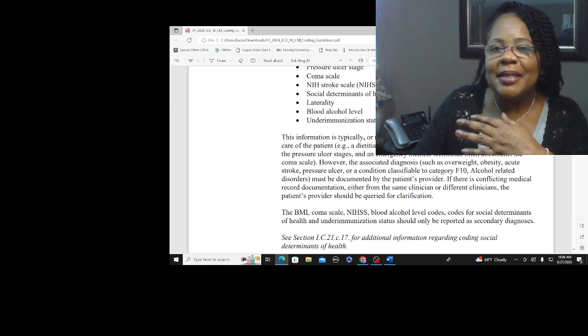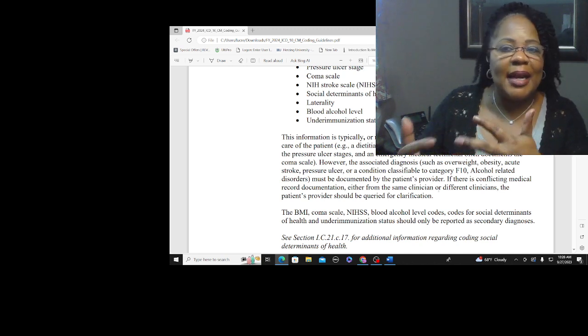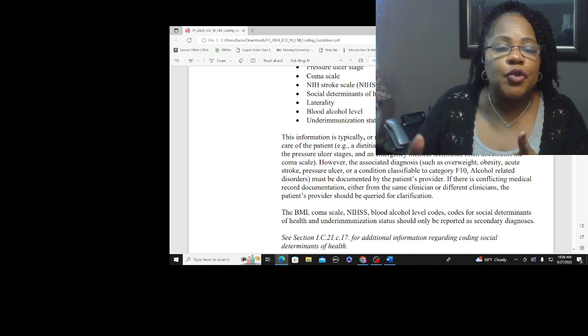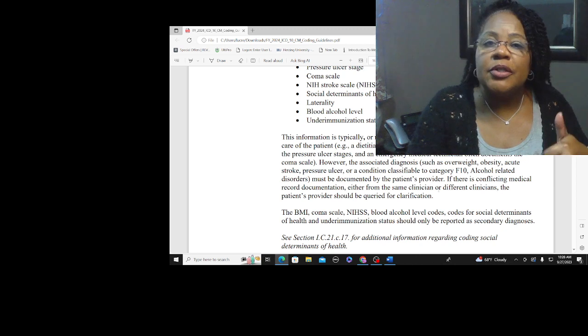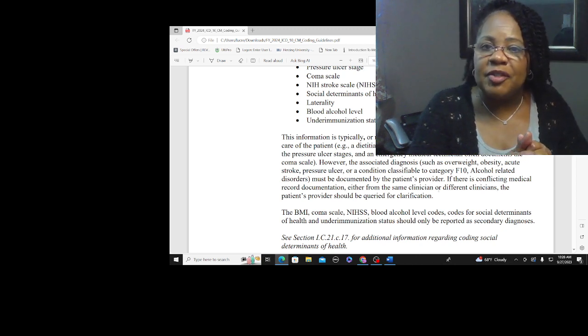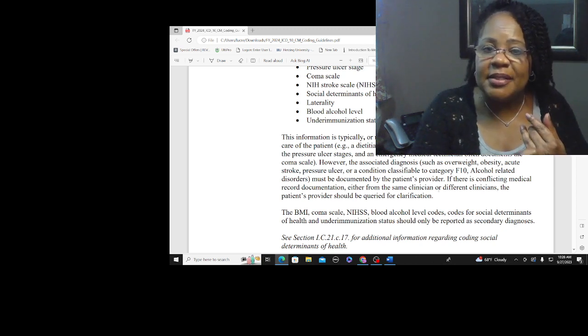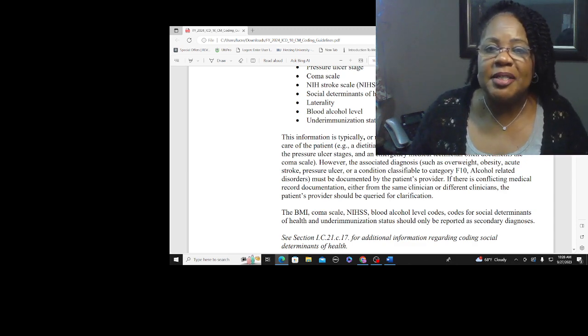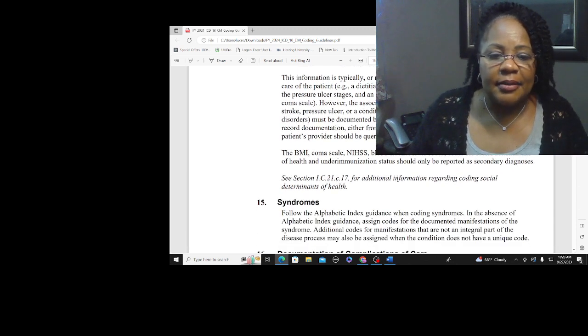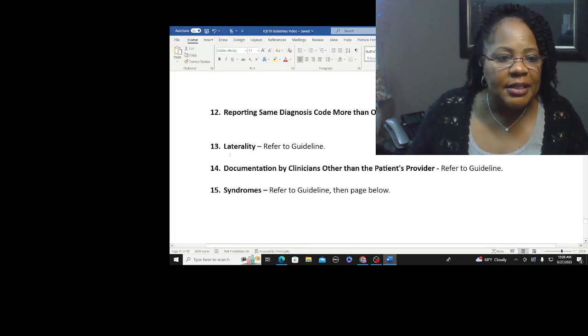However, that nursing, the labs, the x-rays, the other ancillary services can give us greater specificity in our coding to more accurately code. So long as it corresponds with what the physician says, patient is obese, then we can go to that BMI to prove that the obesity is there. All right, so that's 13 and 14. Yep, refer to the guidelines.